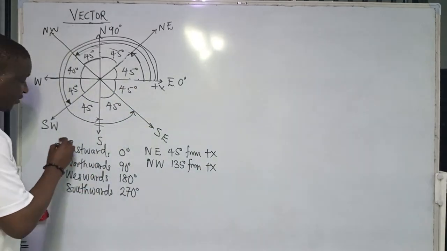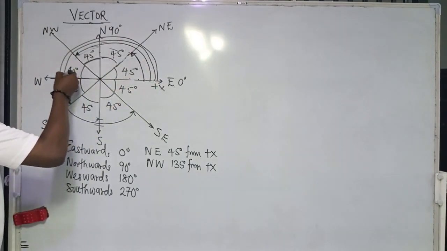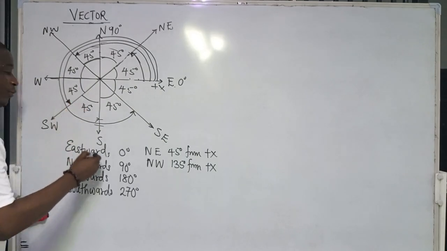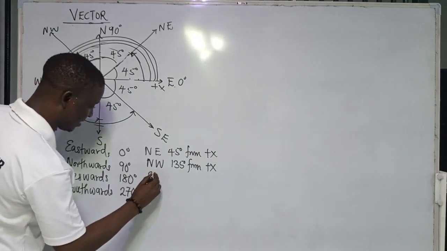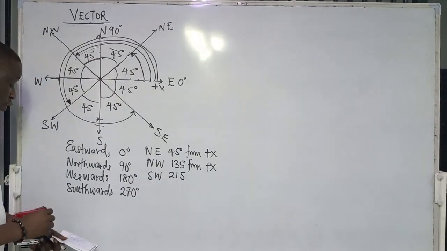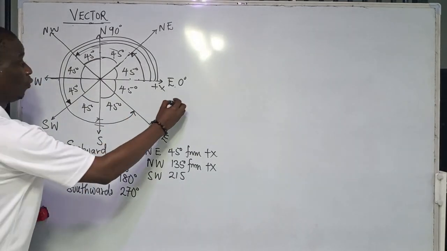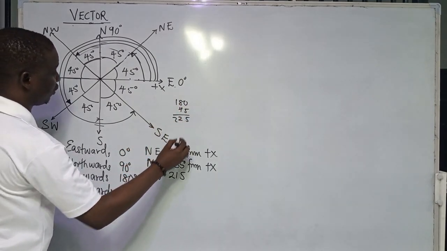Then the same thing for southwest. This is 180 to this point, plus 45 will give us 225. Sorry, 180 plus 45 gives us 225.